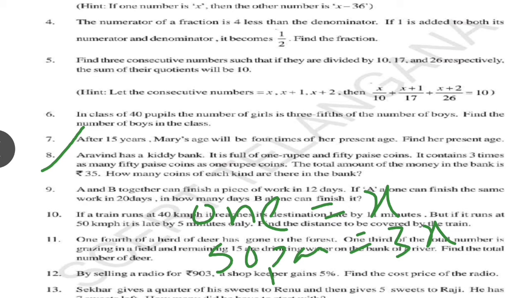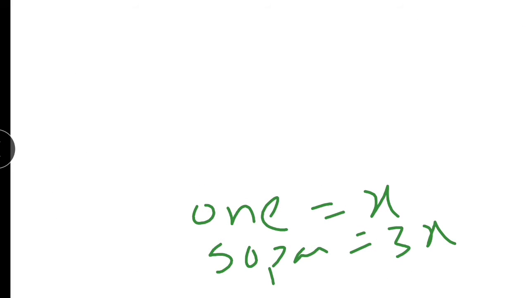Next, what is the question? The total amount of money in the bank is 35 rupees. So how many coins of each kind are there in the bank? Let's find out the value of the 1 rupee coins.